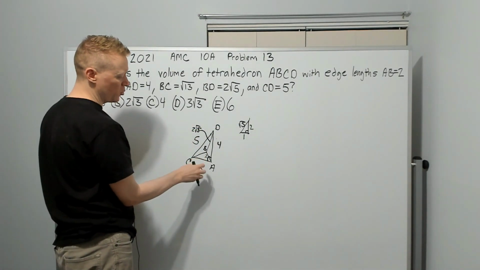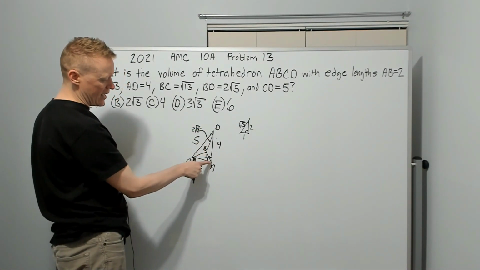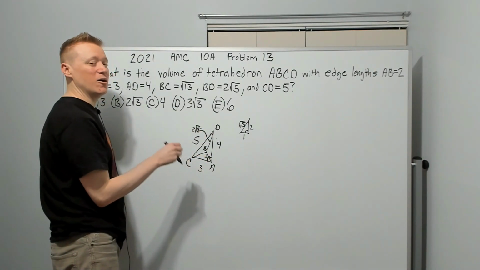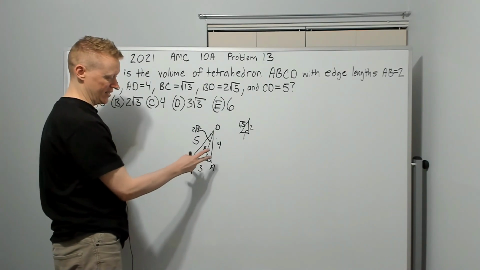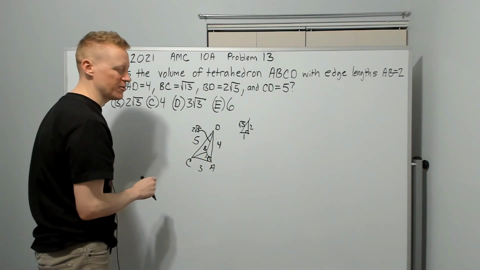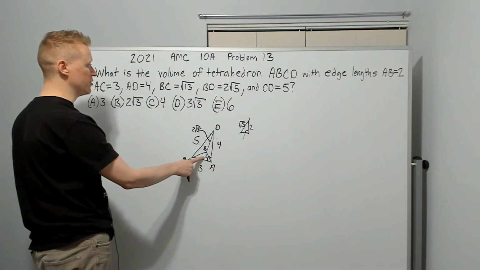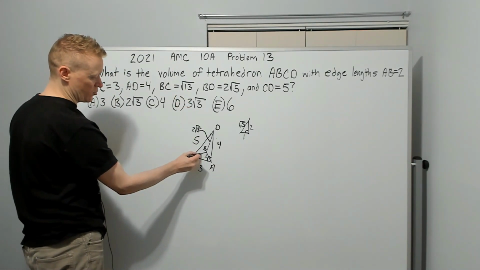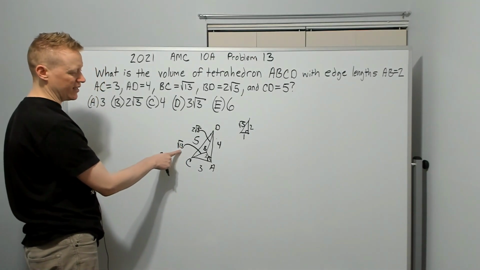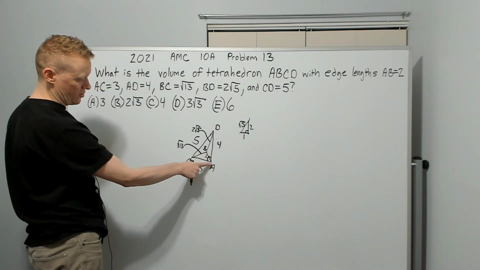So we do know right now that BA is perpendicular to AD, but we don't yet know it's perpendicular to the plane. It could still be perpendicular to that, but at an angle, so we're going to need another thing to help. It needs to be this triangle. BC is root 13. Okay, so root 13, I've got 2 and 3.